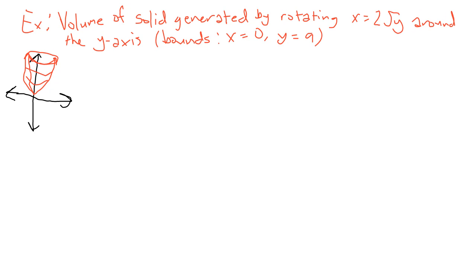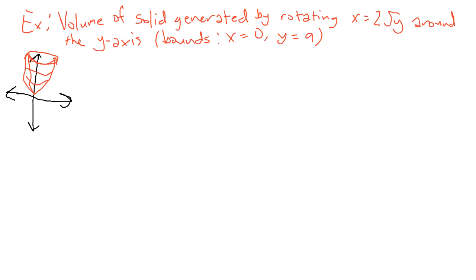So if we think about this one, our previous example and our formula tell us if we're rotating around the x-axis, but this time we're going around the y. But really, it's a very similar concept. Let's think about what our radius is going to be.